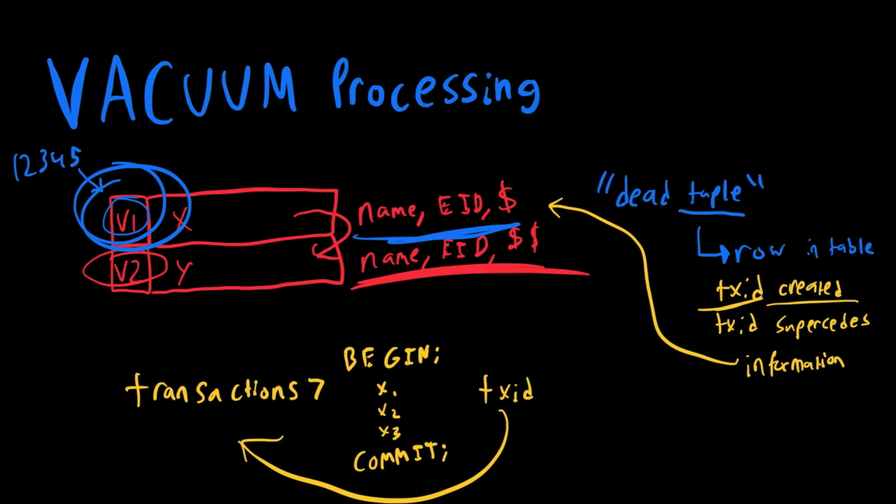And then the txid that supersedes it could mean anything like an update or a deletion. Essentially, what is this arrow pointing to? Is there a new version of the tuple that we need to care about? Is this the latest tuple that's in our system? So maybe in this case, transaction 1, 2, 3, 4, 6 created V2. And that information could tell us, hey, this is where tuple V1 points to.